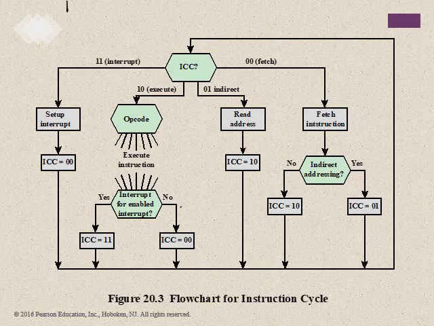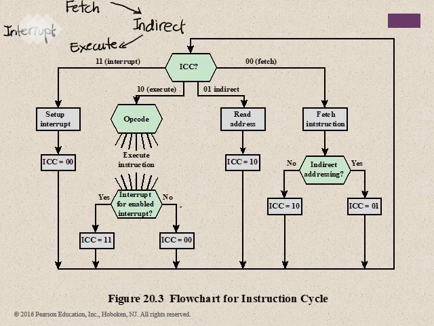We have fetch, indirect, then execute, and lastly interrupt. Fetch goes to indirect, indirect goes to execute, execute goes to interrupt, and interrupt goes back to fetch. There's a direct path if there is no indirect or interrupt.